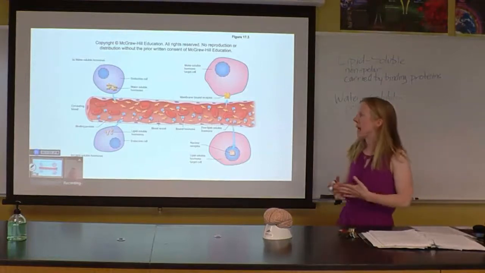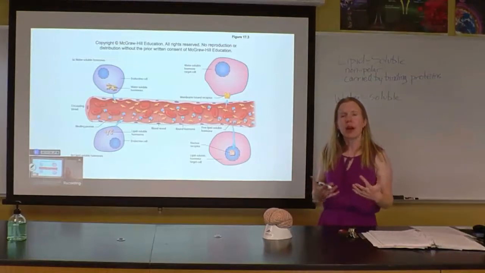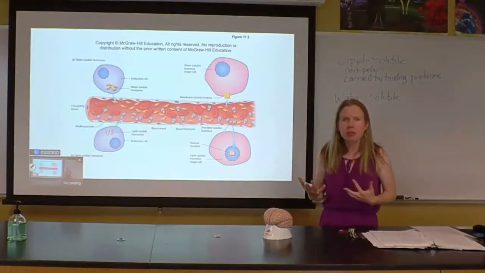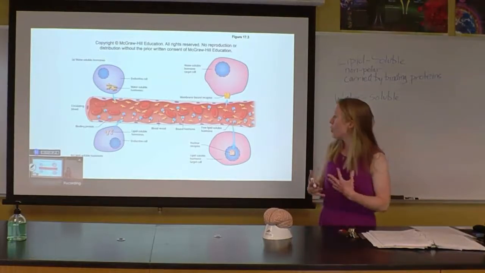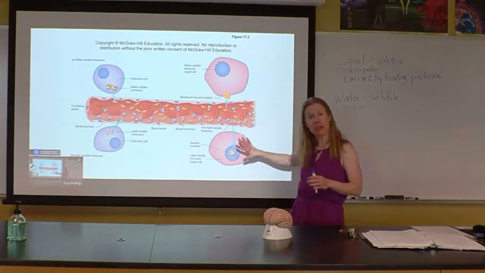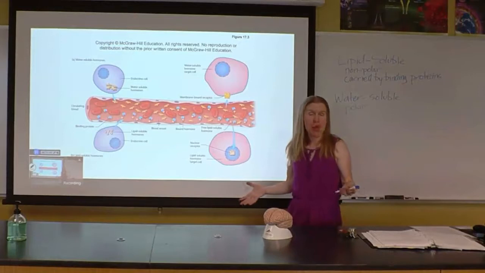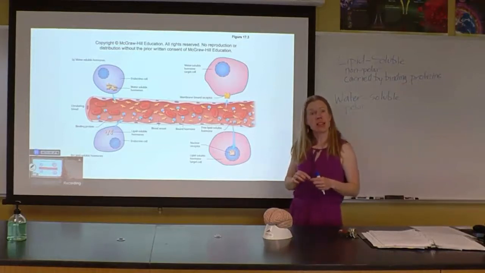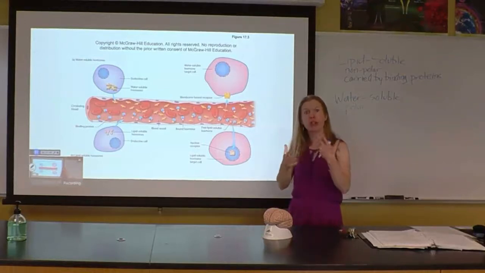One of the things that happens is these hormones are constantly trying to be removed from the bloodstream by a variety of different forces. When they actually bind to their target cell, that takes them out of the bloodstream. That uses them up. But there are also enzymes just circulating in the bloodstream that are trying to degrade these hormones.